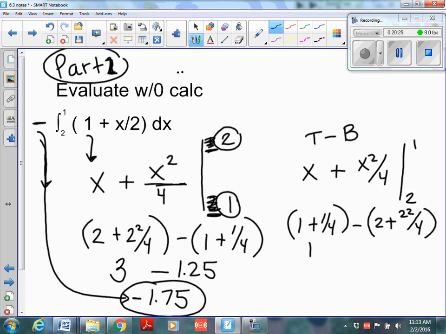You're going to get 1.25 minus 3, which still gives you a negative 1.75. I'm just showing you that if you don't want to flip your limits, you do not have to flip your limits. It's up to you. Some people flip their limits and forget the negative sign, so it might not be a good idea to do it.